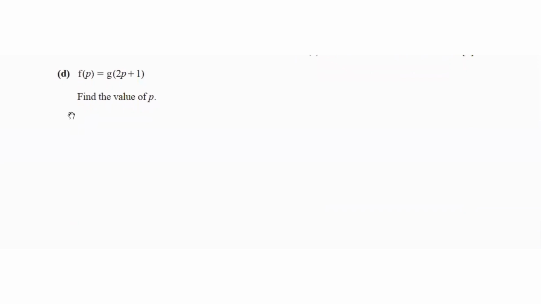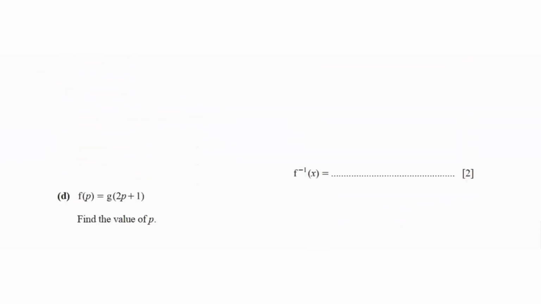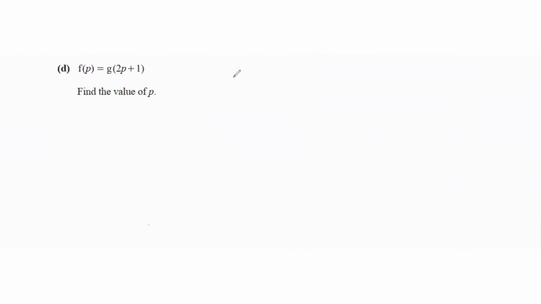Find f of p equals g of 2p plus 1. So g was 7 minus 3x over 5, and f of x was 4 times 2 minus x.